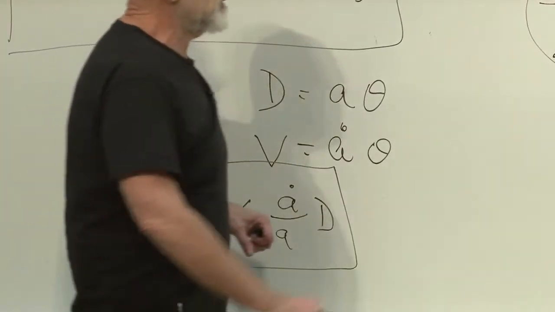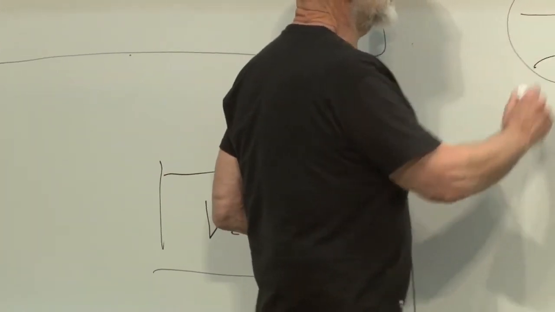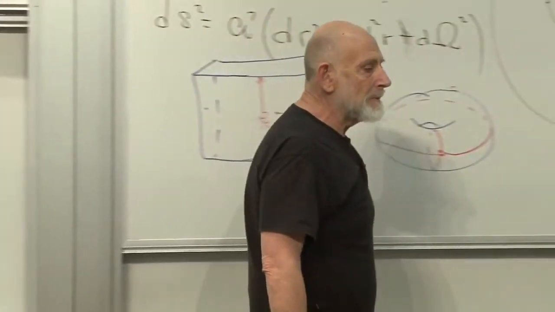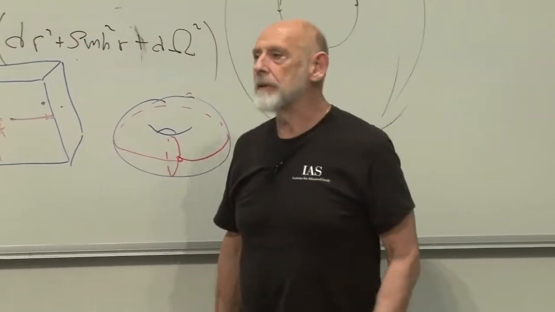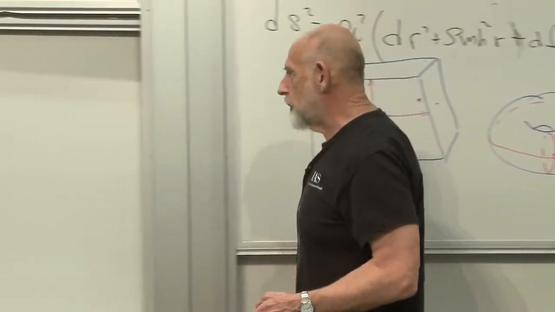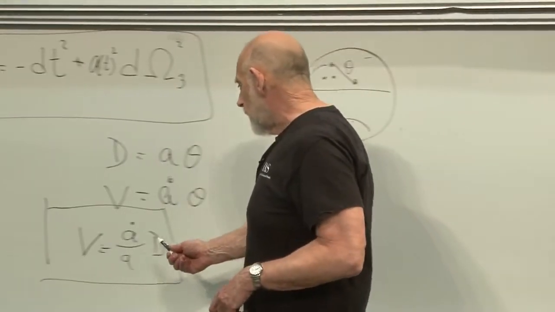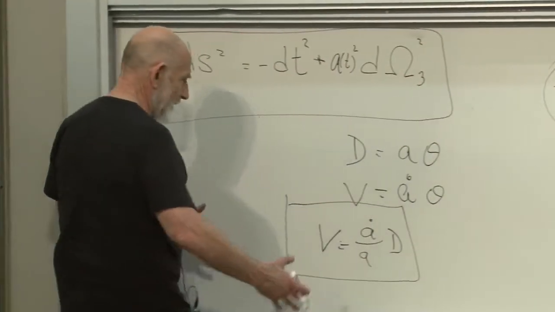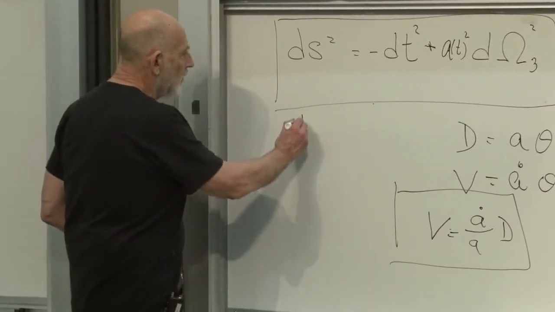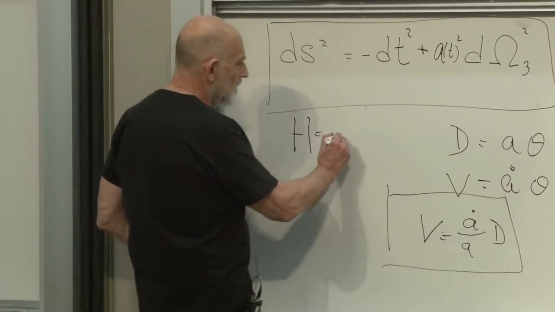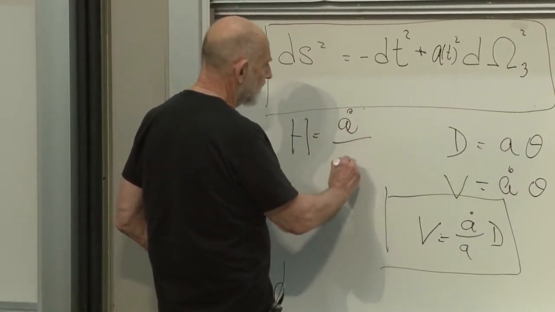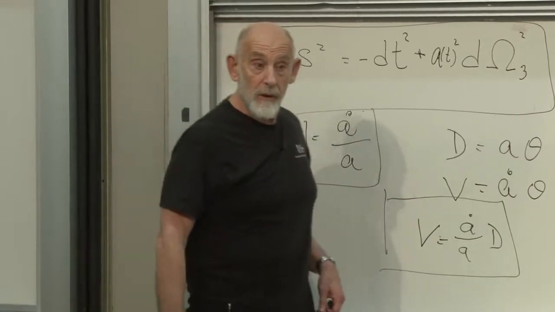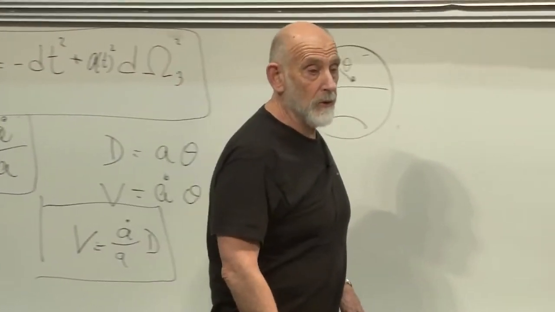Any 2 points on this expanding or contracting sphere, it doesn't matter, any 2 points, the velocity and distance between them, actual distance between them, satisfy the Hubble law with, as in the previous examples, the Hubble constant H equal to A dot over A. So we're talking about something quite similar to what we talked about before.